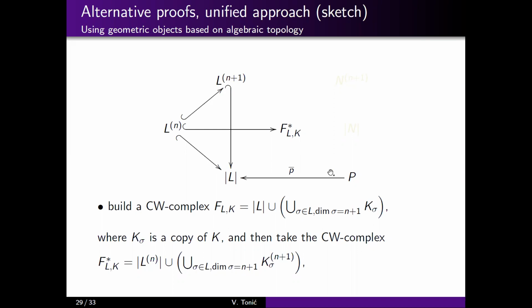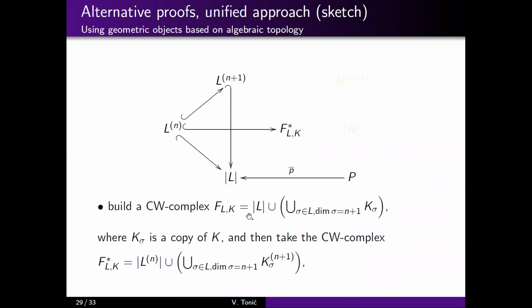Remember, K is either KZN or KZ mod PN or KQN, whichever one you need based on the group you were given. And once you attach it, you think, well, that's great. That's easy enough to understand. But in fact, you will not need the entire object. You will only use what we call FLK star, which is just going to be a CW complex built like this.